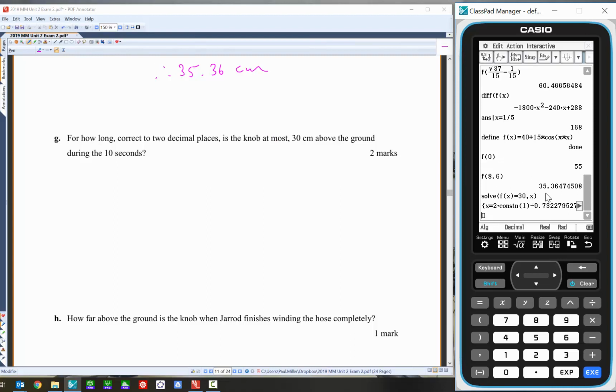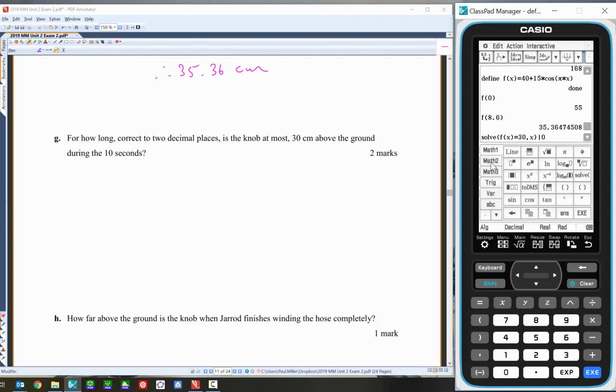What we get is the general solution. So I'm going to ask for just one solution that is between 0 and 2. It's going to hit 30 there and there.